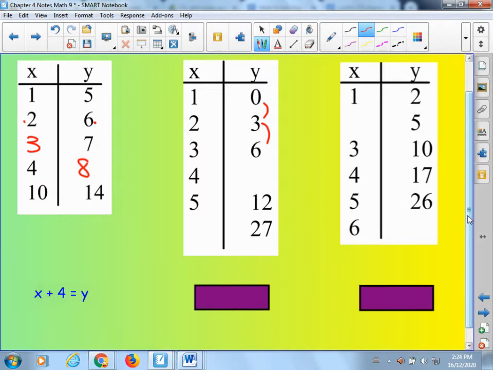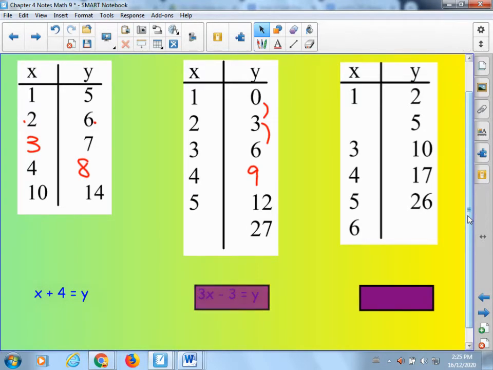For the third example, 3 times 3 is 9, and 9 minus 3 is 6. You can see that it is happening every time. So 4 times 3 is 12, and 12 minus 3 is 9. And we got 5 and 12, so then it's asking what could x be if y is 27.